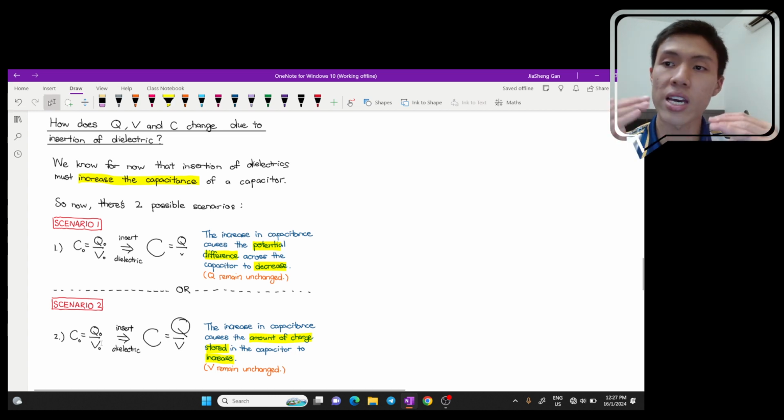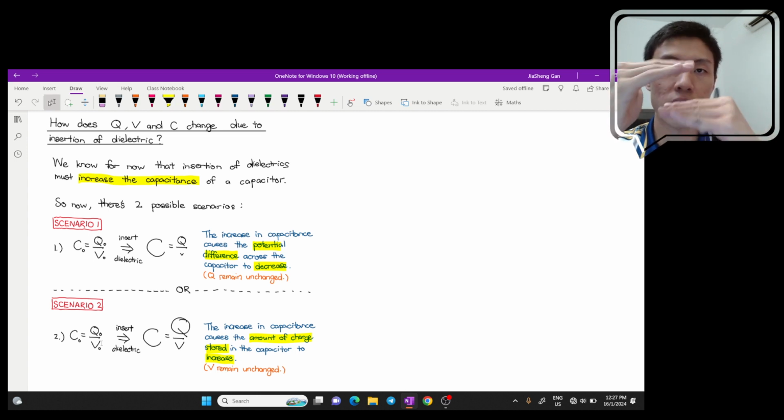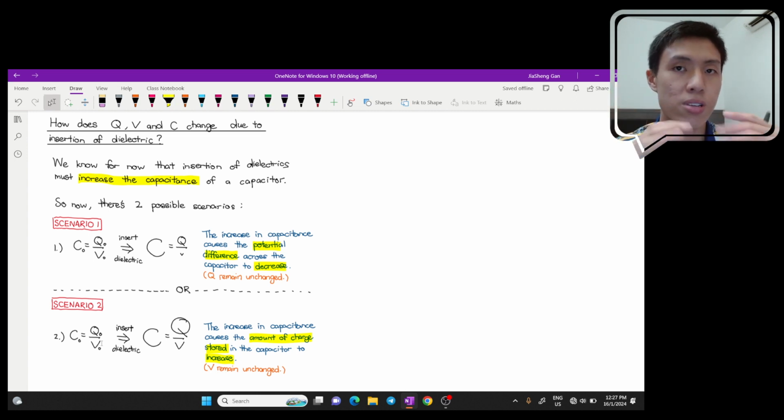So that means even if you insert the dielectric in between the capacitor plates, the potential difference between the capacitor plates remains the same. The V never changes even after we insert the dielectric. But we know that the equation must still make sense. So if we don't change V, then Q will have to be the one that changes.